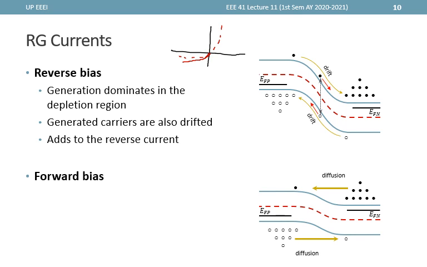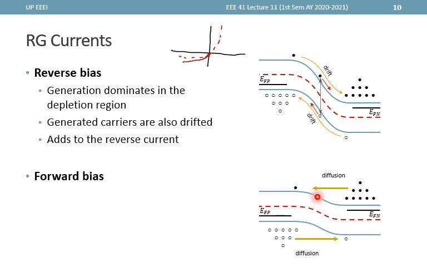For the forward bias case, however, this time there are carriers that can now diffuse to the other side and produce our forward current.